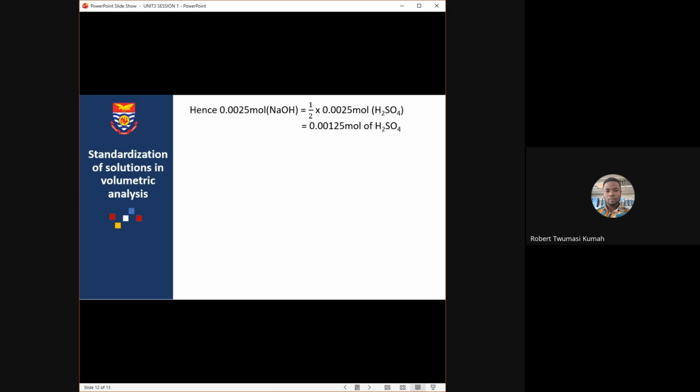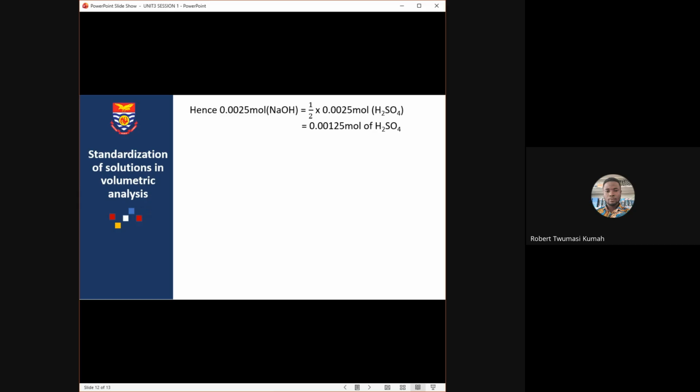What it means is that the titer, the volume of the acid used, our average titer, contains this number of moles, 0.00125. That's the moles that reacted. All right. Then we will now reverse it. We are now going back.